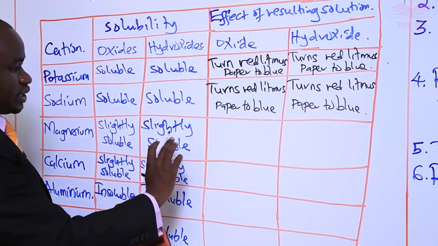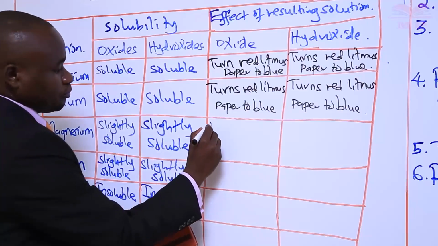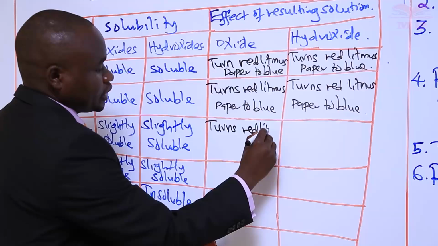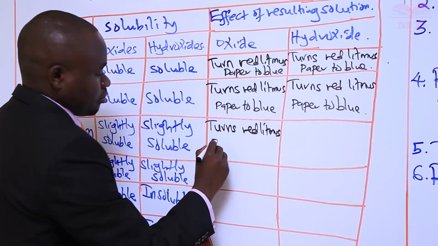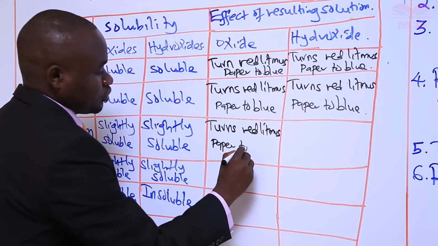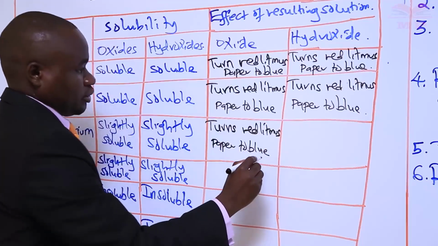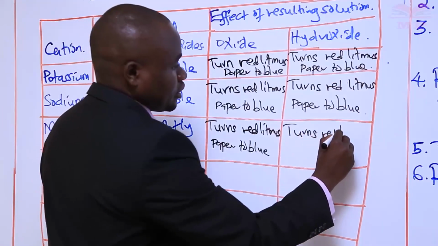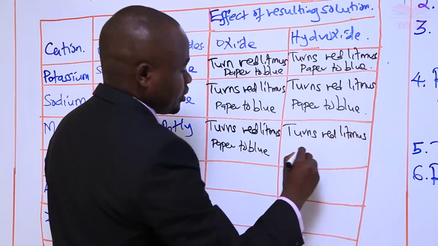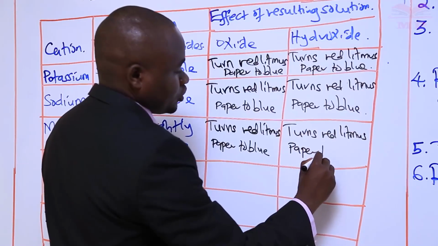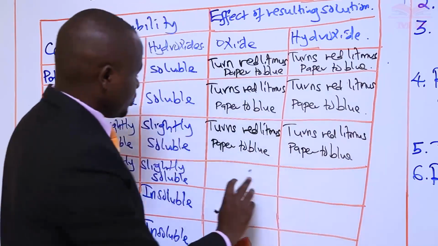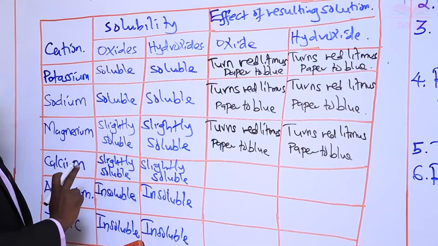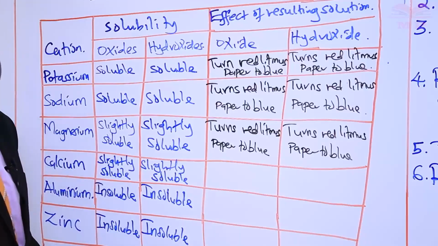So we are saying that the resulting solution will also turn red litmus paper to blue. Also here, the hydroxide will also turn red litmus paper to blue. We are saying because magnesium hydroxide as well as magnesium oxide is slightly soluble, part of it will dissolve.